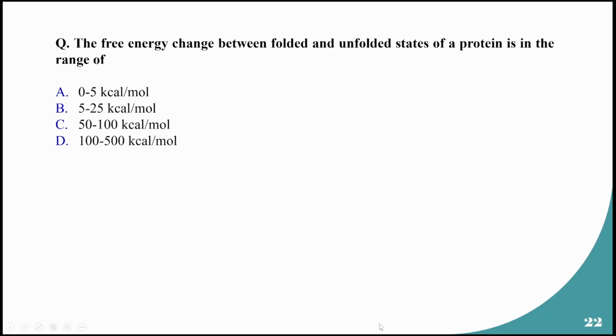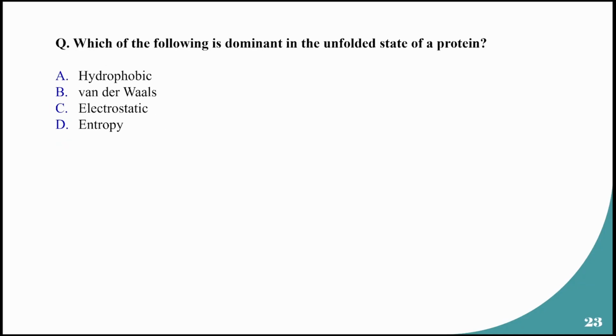So these kinds of questions again, as per the transfer free energy of folding and unfolding, just remember this particular value. Between the folded state and the unfolded state, usually the free energy change lies between 5 to 25 kcal per mole. Okay. So that's one value that you could remember. And then another one is that in the unfolded state of the protein, which of the following forces could be dominant?